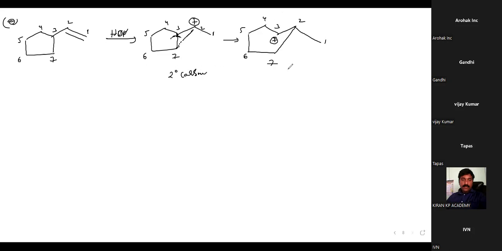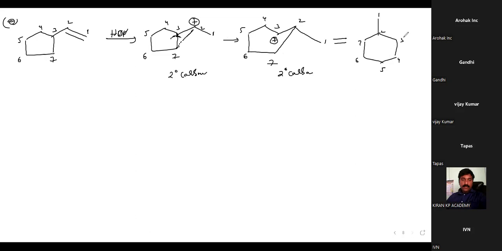Now let me write this one straight: 1, 2, 3, 4, 5, 6. Yes, a 6-membered ring has happened. This has become a 6-membered ring. So how had we made it? 1, 2, 3, 4, 5, 6, 7.